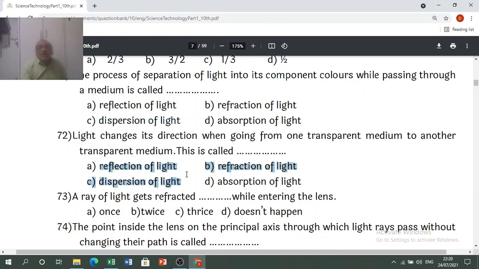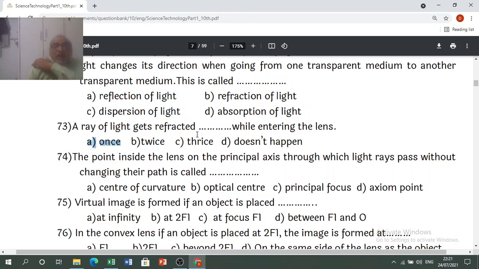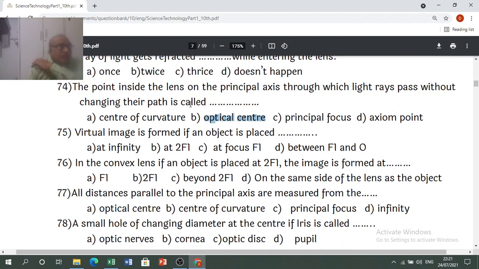A ray of light gets refracted twice while passing through the lens. The point inside the lens on the principal axis through which a light ray passes without changing direction is called the optical center. Answer is B.